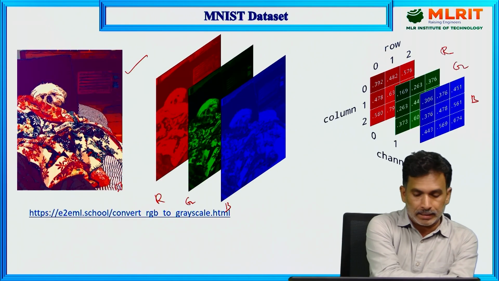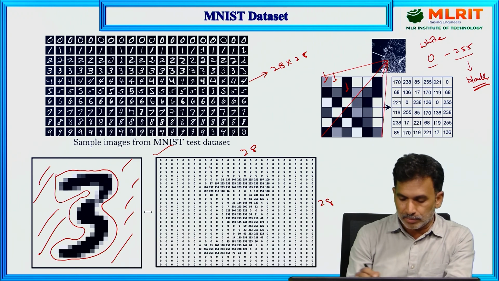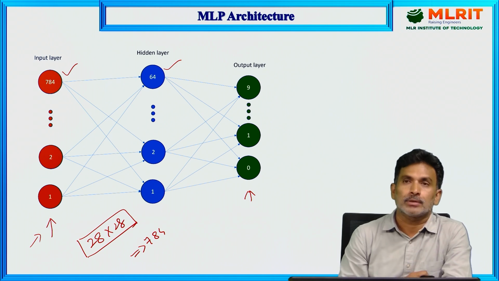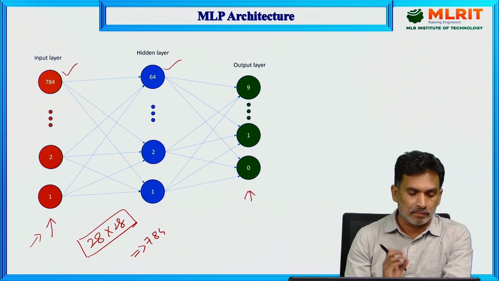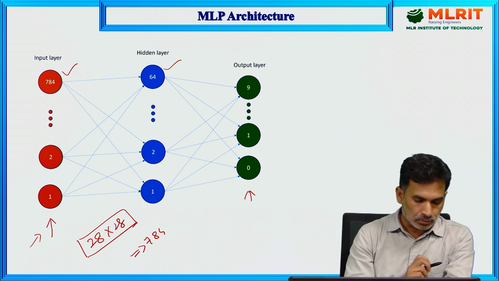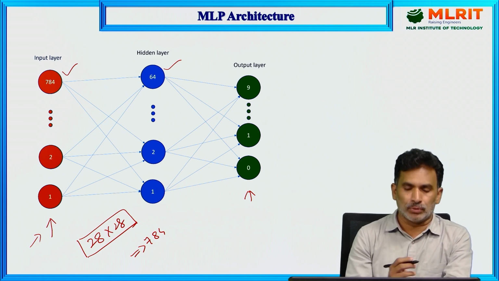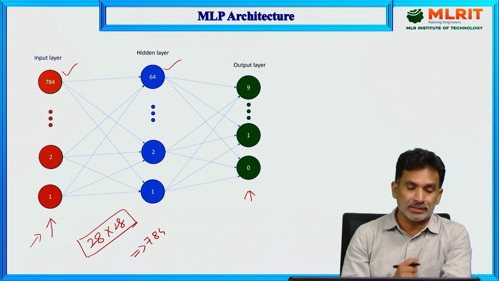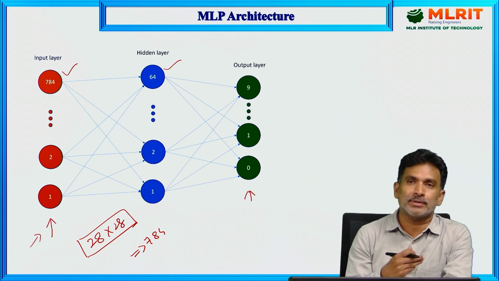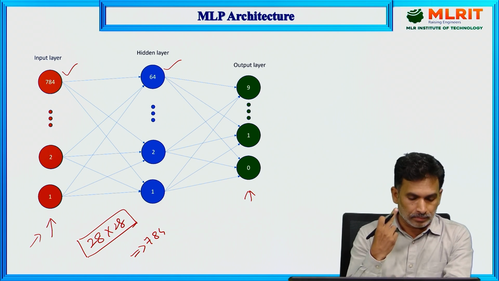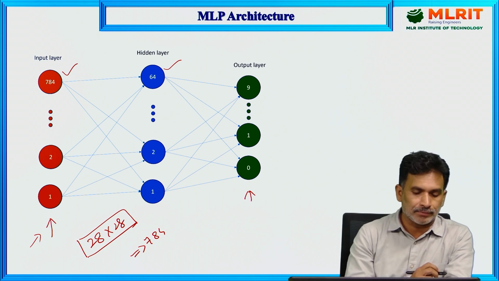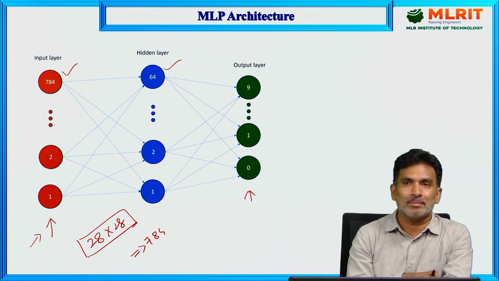For each pixel we need a neuron, so the input layer should have 784 neurons, one for each pixel.